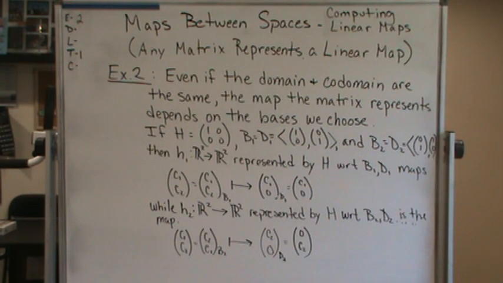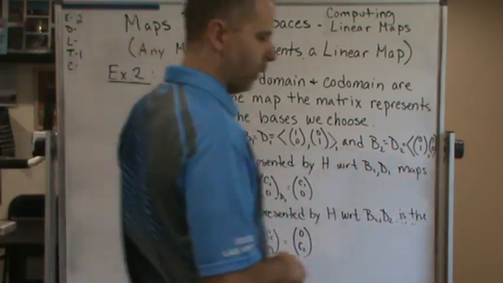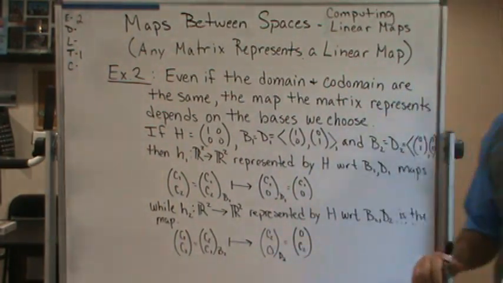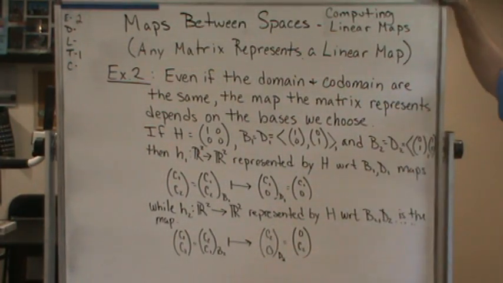And in this case, the column space of the matrix equals the range of the map, and consequently, the column space of H is often denoted by R sub H. Okay? So just be aware of that as we go on.